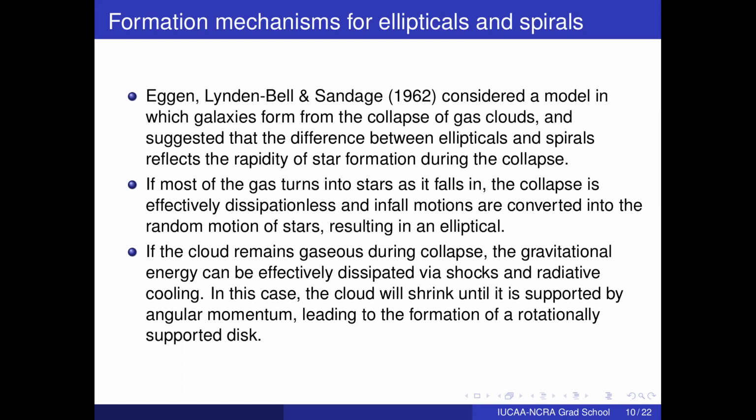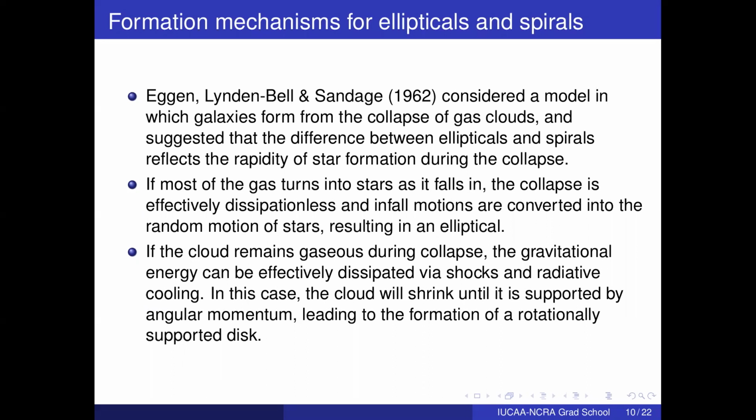If the cloud remains gaseous during the collapse, which means it doesn't fragment and immediately form stars, then the gravitational energy can be dissipated. It's no longer dissipationless, via shocks and radiative cooling of the gas. In this case, the cloud continues shrinking slowly without forming too many stars at one go, until it reaches a stage.